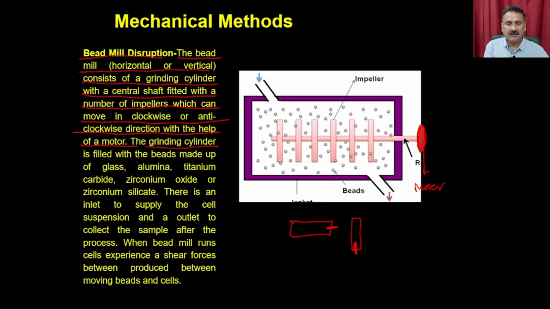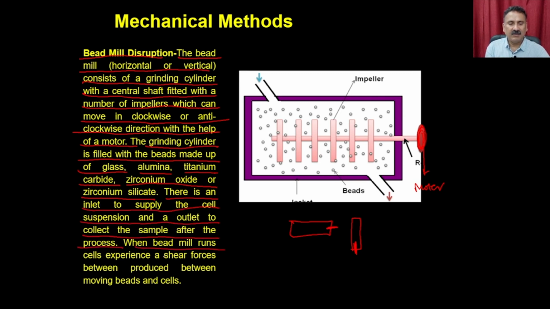The grinder cylinder is filled with beads made of glass, alumina, titanium carbide, zirconium oxide, or zirconium silicate. There is an inlet to supply the cell suspension and an outlet to collect the sample after the process.